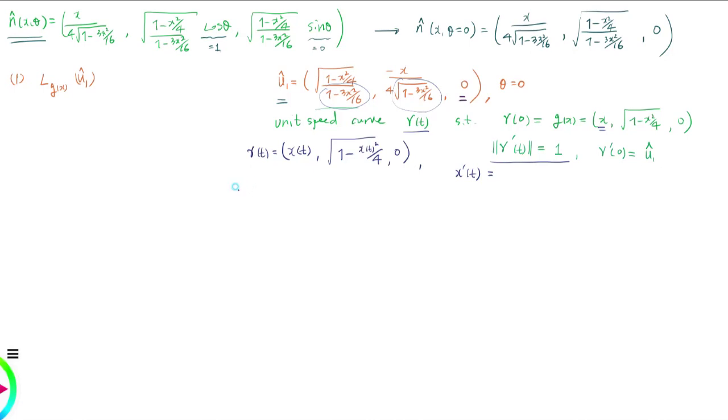So we take a t derivative of this curve, and we'll have, let me say x prime denotes derivative with respect to t here, and 1/2, for the denominator there is a square root of 1 minus x squared over 4. For the numerator, we'll have minus 2x x prime over 4 here, comma 0.